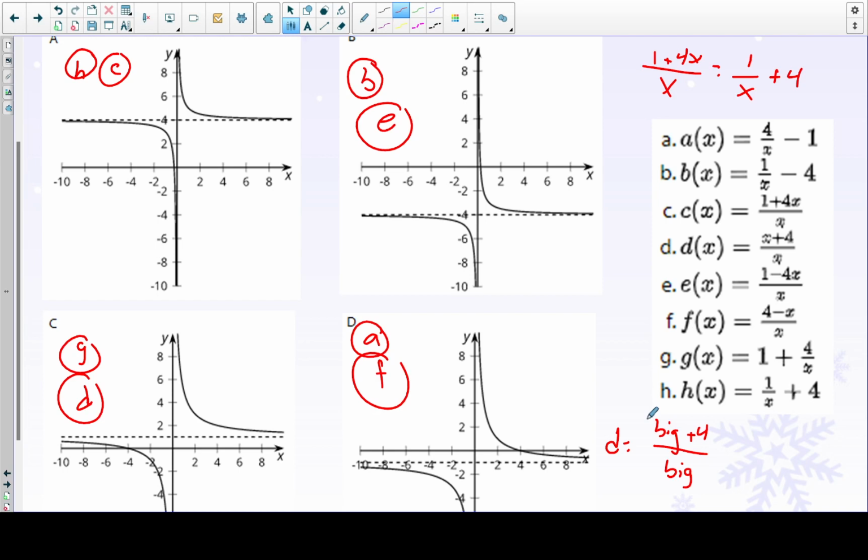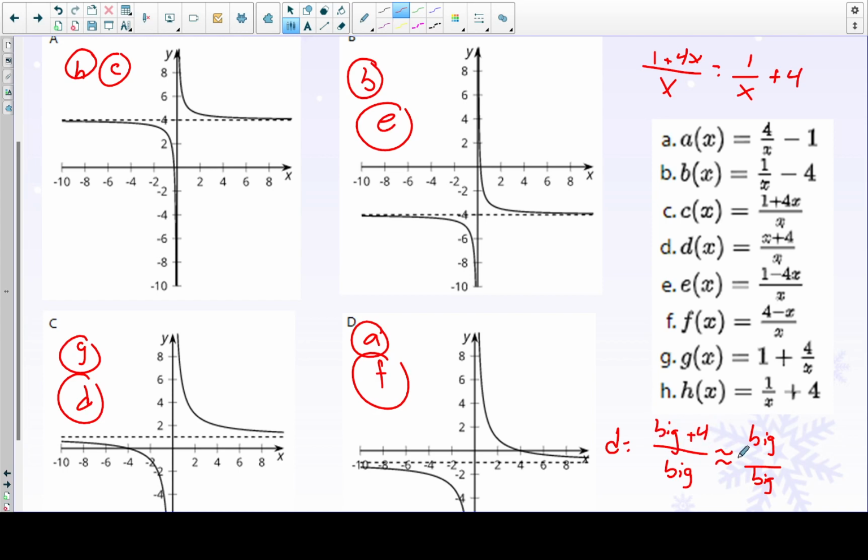Well, here's the thing. If I take some really big number, like billions, trillions even, and I add 4 to it, is it really going to change that value all that much? No, not really, right? Because a million plus 4 is still about a million. So this is approximately equal to big divided by big. Because adding 4 in this particular situation doesn't really do much.